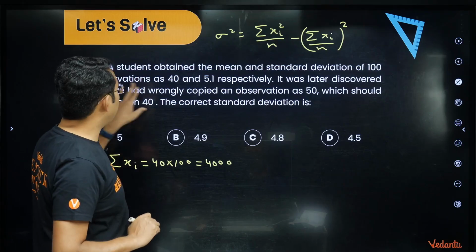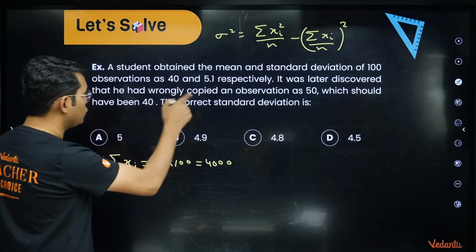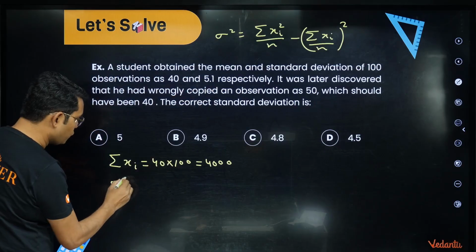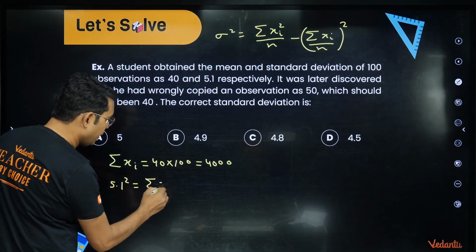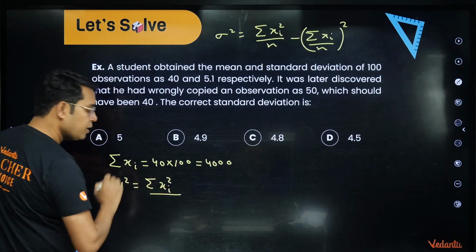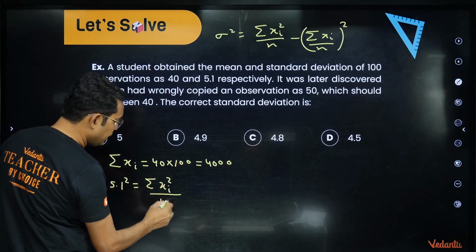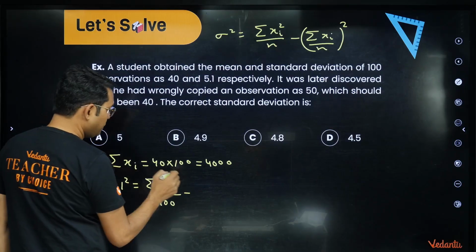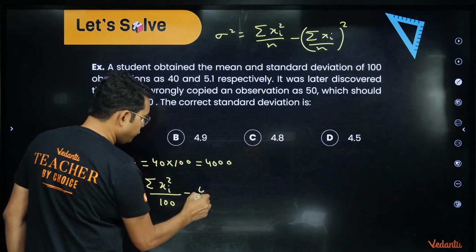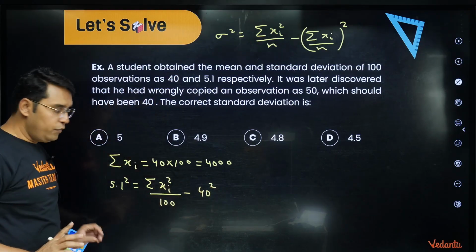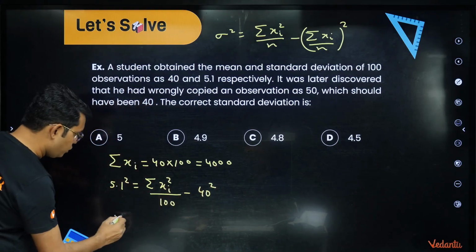Okay, we are also given the standard deviation. So square of this, that means 5.1 square, will be equal to sigma xi square upon n, that is 100, minus x bar square, which is 40 square. Now using this we can find sigma xi square also.